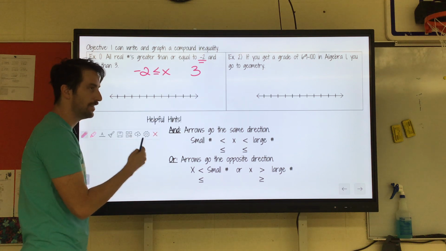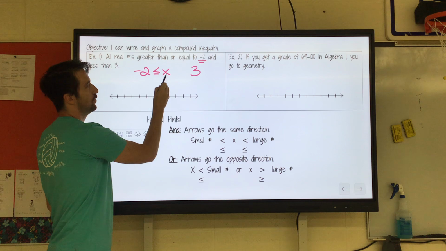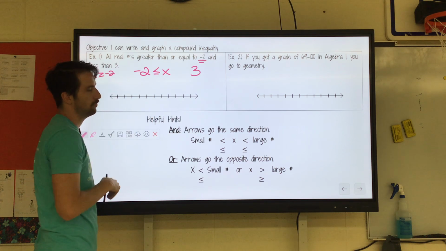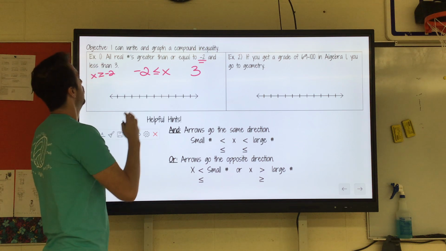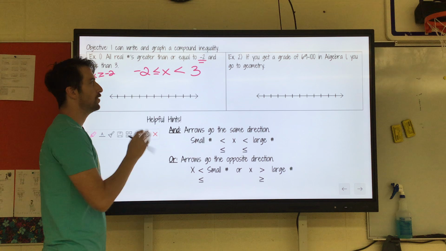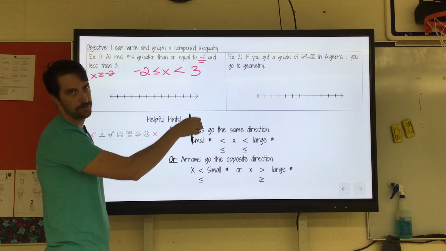Now, we're writing less than or equal to, but really, -2 is less than or equal to x is the same as x is greater than or equal to -2. And less than 3. So the only reason we kind of flipped the sign on the first one is because we're writing the variable after the number.